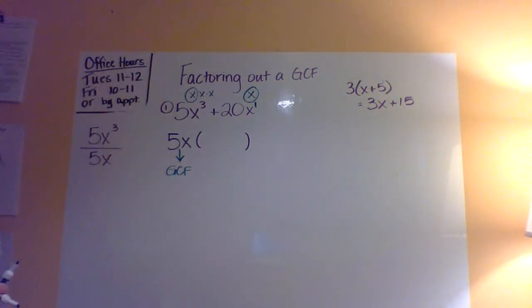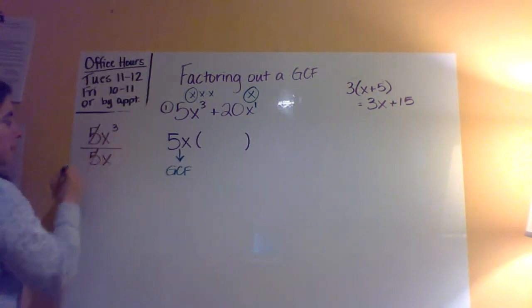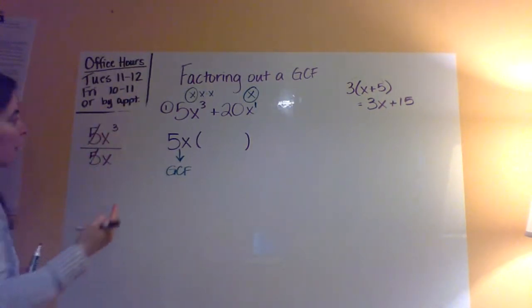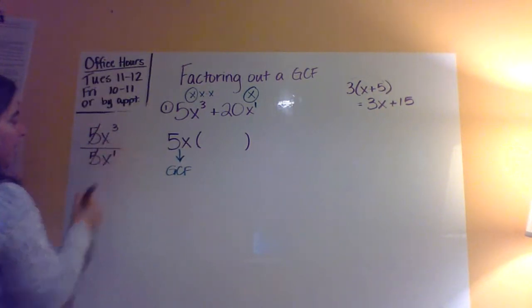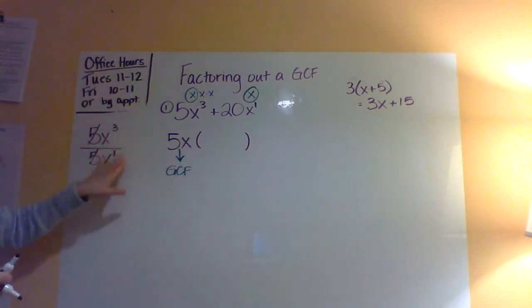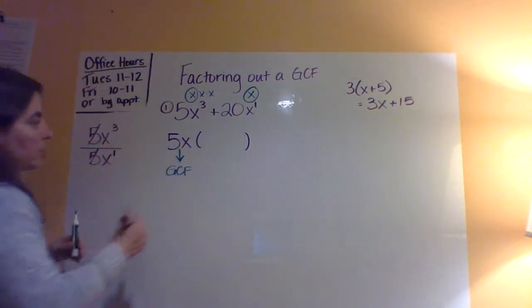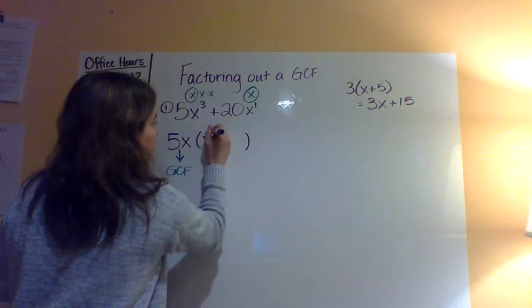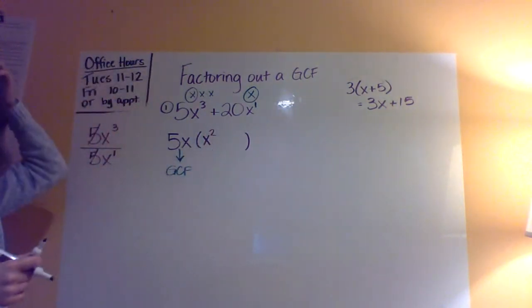And I could think about this. 5 divided by 5 is going to be 1. Cancels out to be 1. X cubed divided by x to the first. 3 minus 1 is going to be 2. So x squared. So that is what is left here. 1x squared, or I can just write x squared.